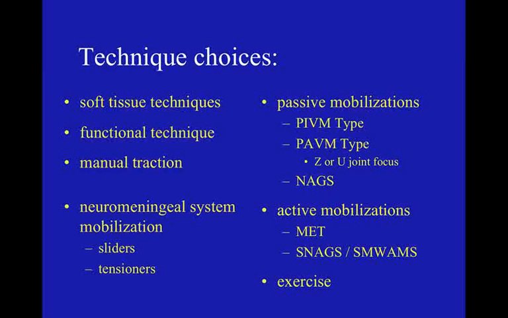We mustn't forget also mobilization manual therapy techniques directed at the neuromeningeal system, both sliders and tensioners. So this is a wide range of choices that you have to approach your patient with lack of mobility in the cervical spine.